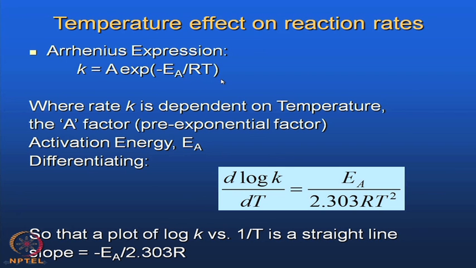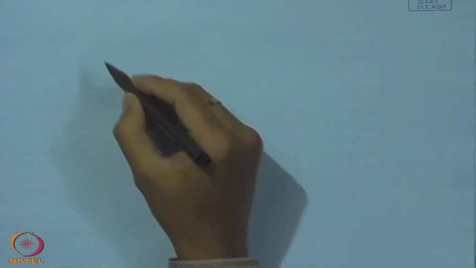Now, let us move on to the effect of temperature on chemical reaction rate. There is a famous and very old expression which relates the chemical reaction rate constant with temperature: k equals A times exponential to the power minus Ea by RT.